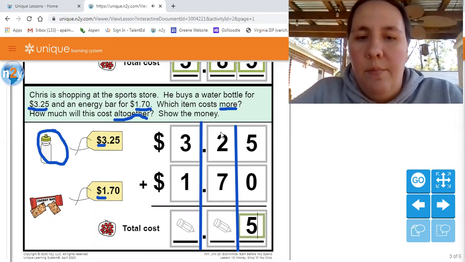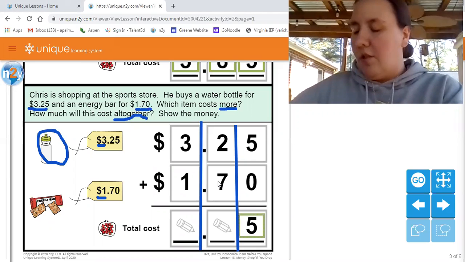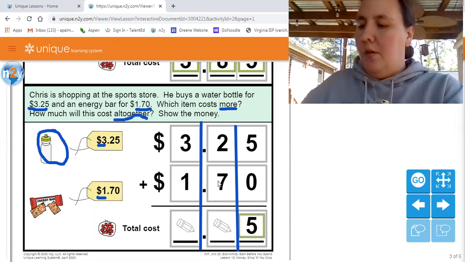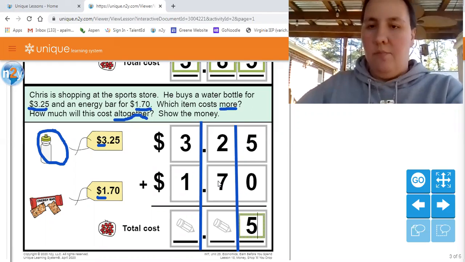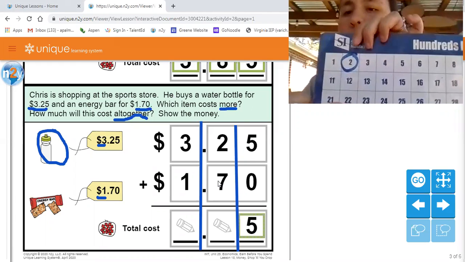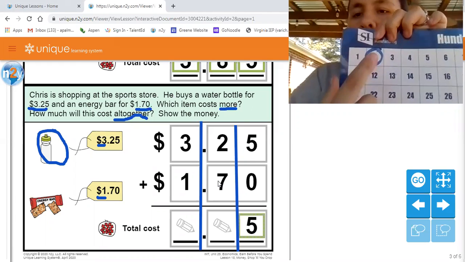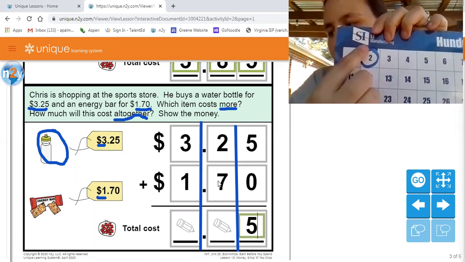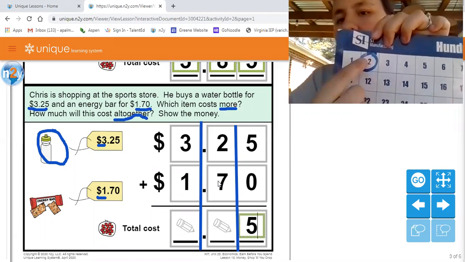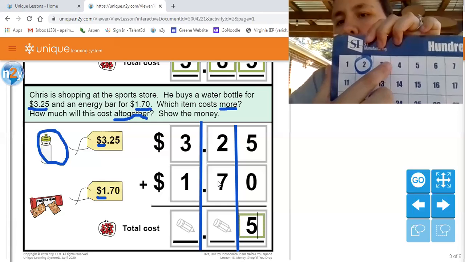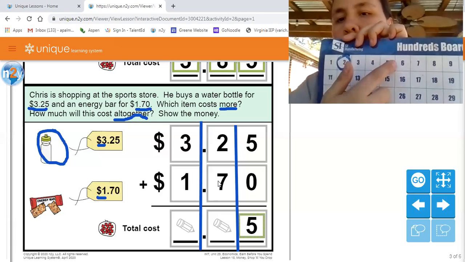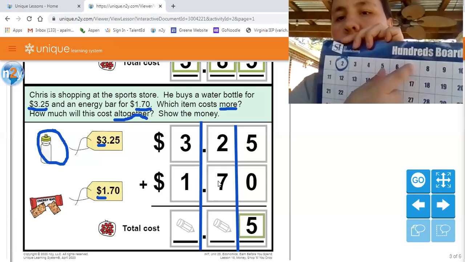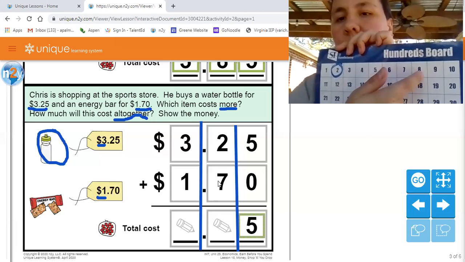Okay, we're going to move to the middle column. I have a 2 and a 7. So I'm going to start with the 2 because that's my number on the top. And I'm going to count on 7 because that's the other number in that column. So I put my finger on 2 and I'm adding on 7. 1, 2, 3, 4, 5, 6, and 7.